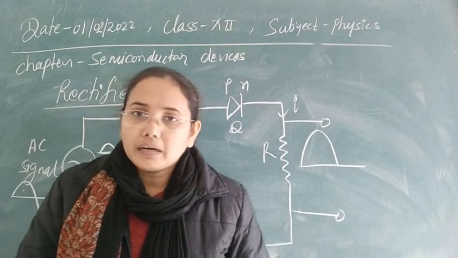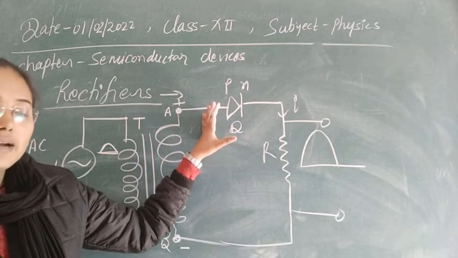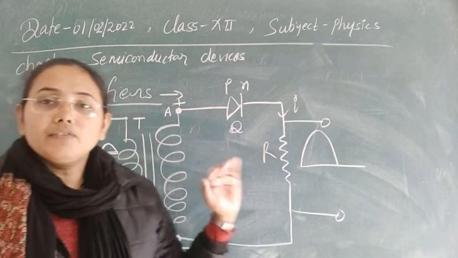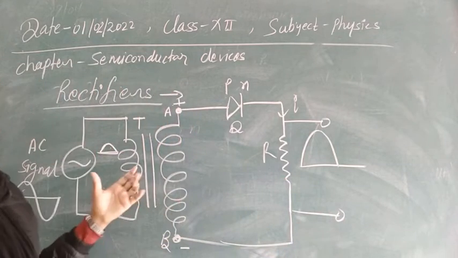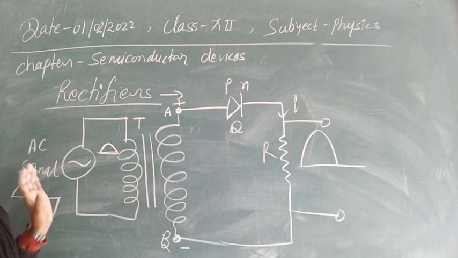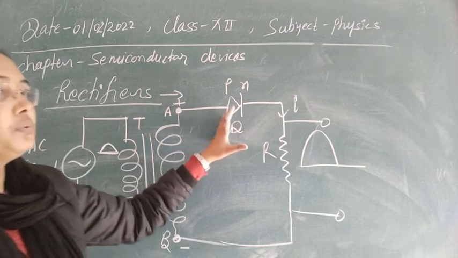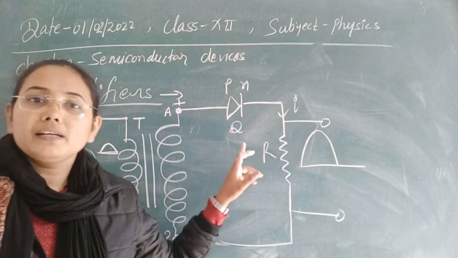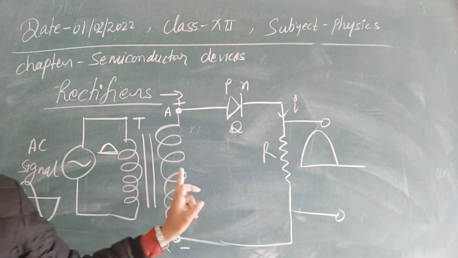The diode is in its best conducting state, and second, its breakdown potential in reverse bias is always greater than the potential that we have to apply here. This is our primary condition to use this diode in a rectifier. Its breakdown potential must be greater than the signal potential that we are applying to rectify.